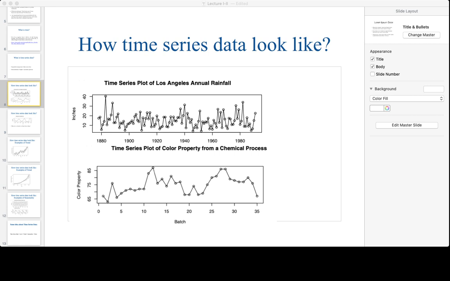Before we get into that, let us look at the second plot, which is of a chemical process. You produce some material and then you see the color property, and you again get a certain color property in different batches.